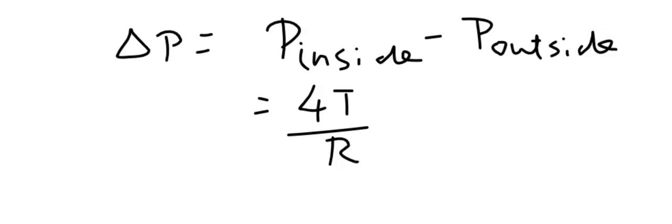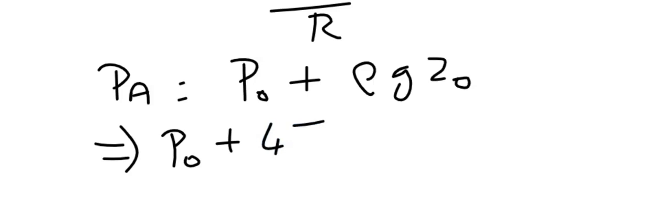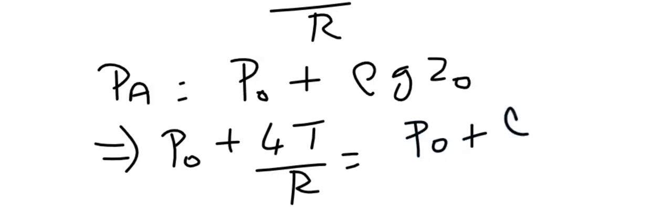So at a point A, at a distance of Z0 from the free surface, PA is equal to P0 plus rho g Z0, where rho is the density and g is the acceleration due to gravity. So from this we can infer that P0 plus 4T by R is equal to P0 plus rho g Z0, and we need to calculate Z0.